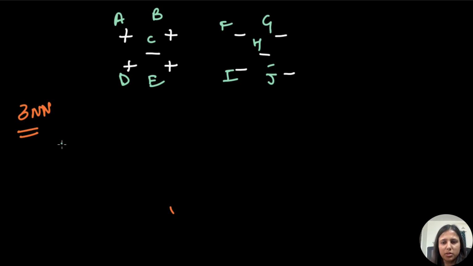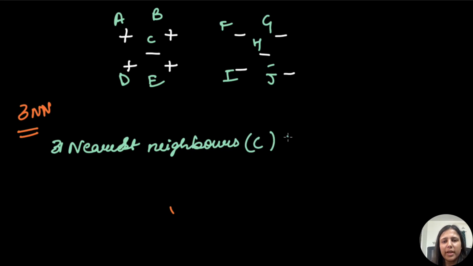The 3 nearest neighbors of C: you can see that actually A, B, D and E are all nearest neighbors. So whenever you have more than 3 nearest neighbors, when the classifier is given as 3 nearest neighbors but you are getting 4, you can take the average or max vote over the other neighbors.